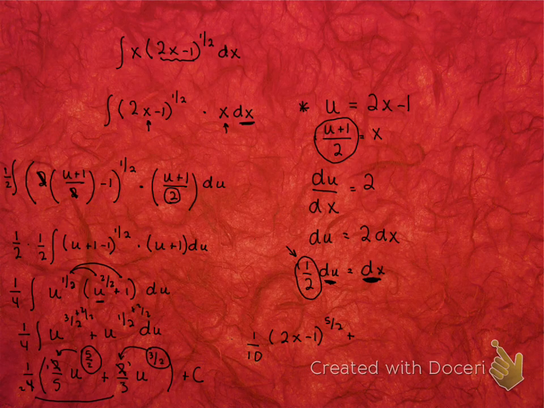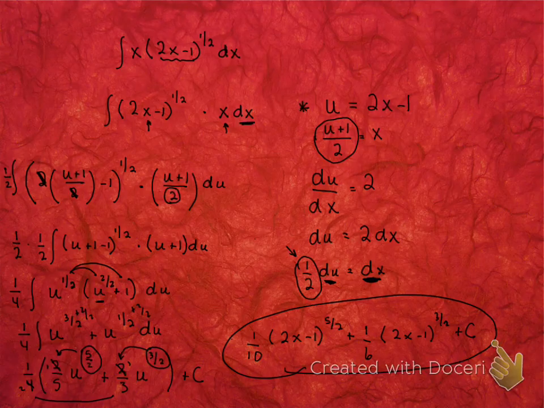So 1/6 u to the 3/2 plus c. And that is when our dx's don't match. When your dx does not match the dx in the problem.